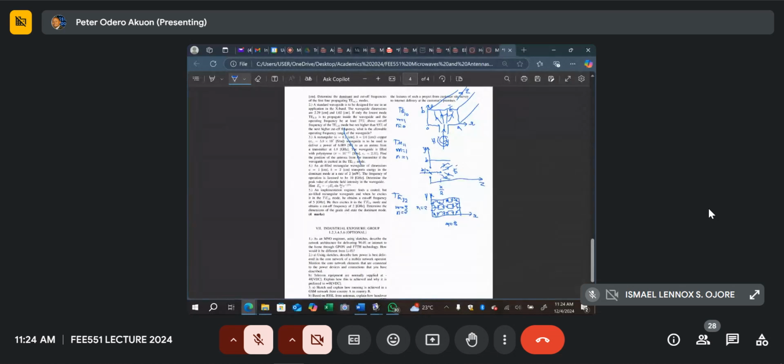Okay, so what if you wanted to do one for, say, TE11 or TM11? How would you show the half-wave variations for 1, 1? It means M is equal to 1 and N is equal to 1.